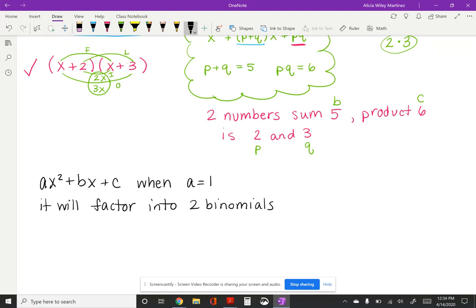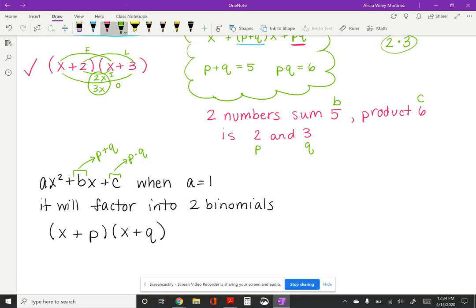Those two binomials will take the form of x plus some value p times x plus some value q, where this value of b is represented by the sum of p and q, and this value c is represented by the product of p and q.